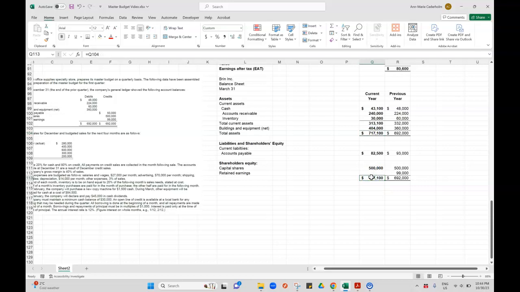And then I know that my total liabilities and shareholders' equity minus anything you have on there will equal the difference, because then that's going to be 714,100. Okay, so I already know the answer by plugging it. So that's the number I'm trying to get, 134,600. So I'll unplug it.